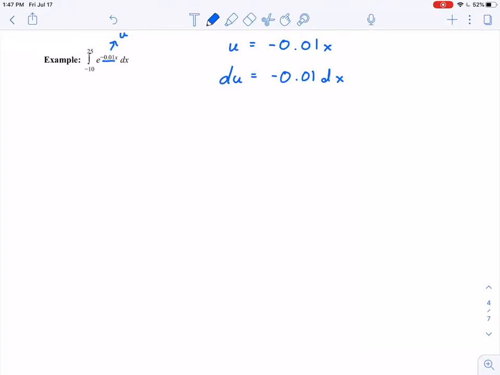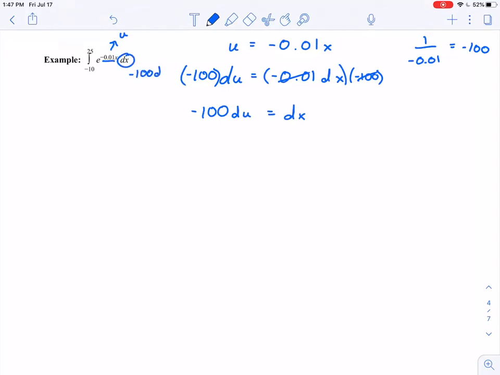Probably the easier way to write that, if you take 1 divided by negative 0.01, you actually end up with negative 100. So I'm just going to multiply both sides by negative 100. It'll just look a little bit nicer. So I end up with negative 100 du equals, over here these two are going to cancel, just dx. So this piece right here is negative 100 du.